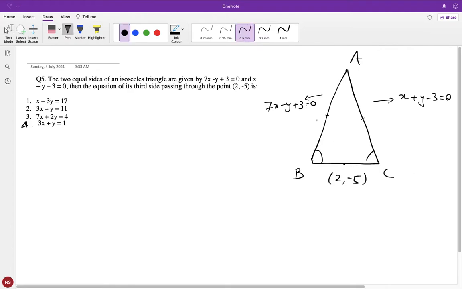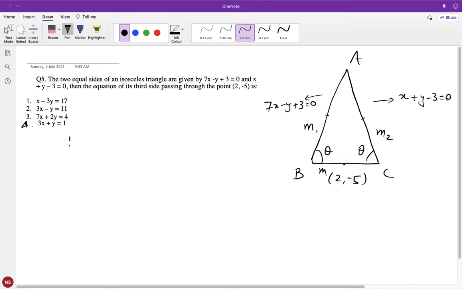So when this triangle is an isosceles triangle, this angle theta is equal to this angle theta. If this is the slope m1, this is slope m, and this is slope m2, then the angle between the two lines with slopes m1 and m should be equal to the angle between the two lines with slopes m2 and m.